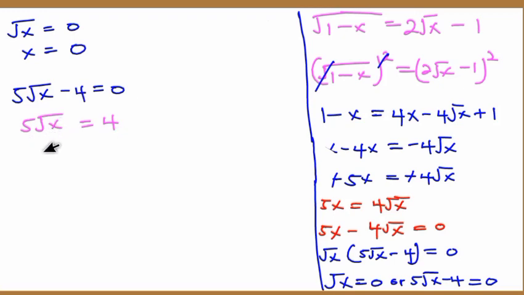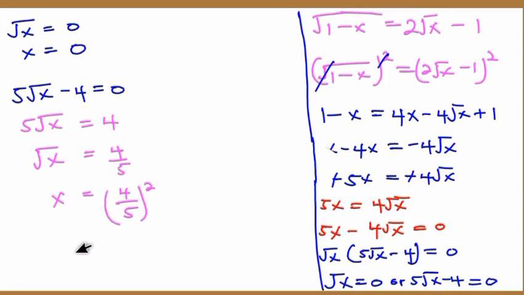So dividing both sides of the equation by 5, I'll have root x equals 4 divided by 5. Now making it the subject, x equals 4 divided by 5, all to the power 2.